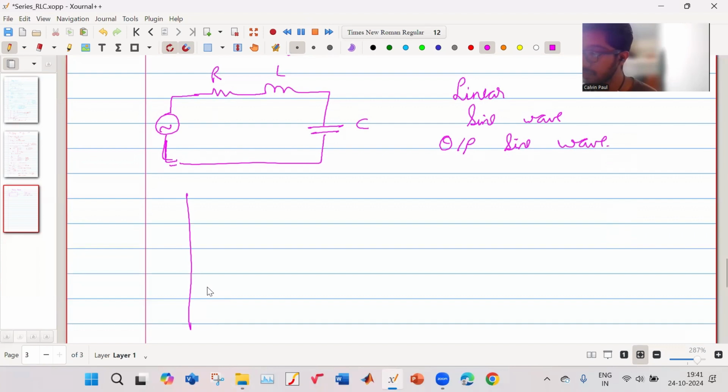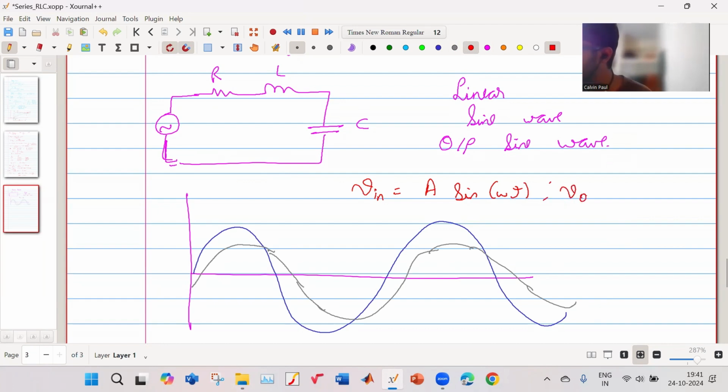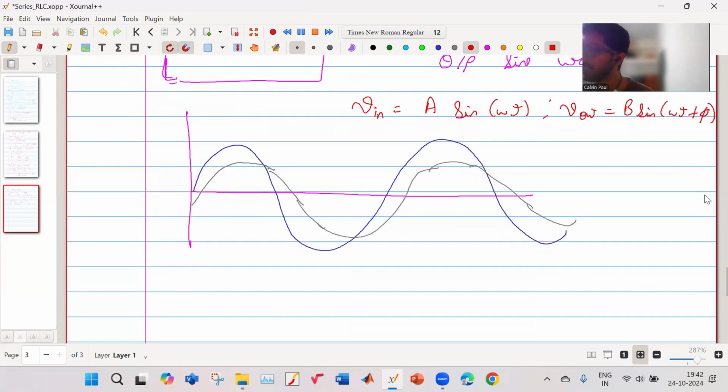So if this is my input sine wave, my output sine wave will be something similar. It will have some lag and it will have some change. So let my input be equal to A sine omega t. My output will be equal to B sine of omega t plus phi.